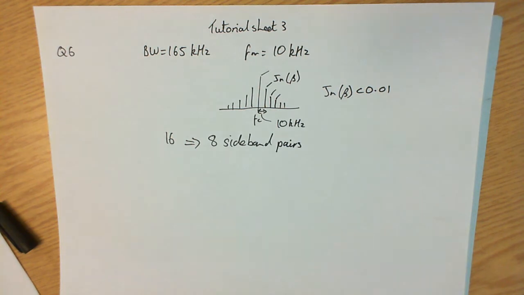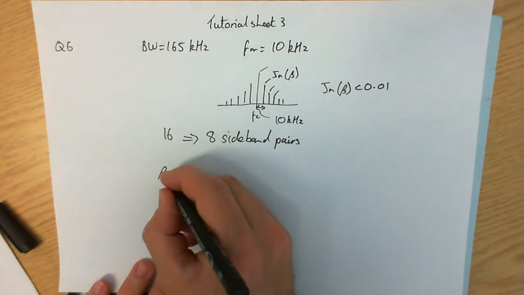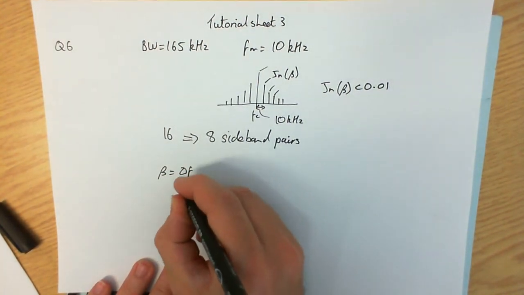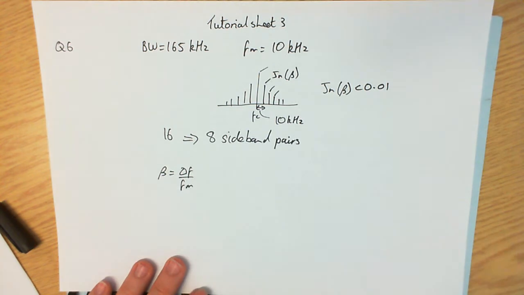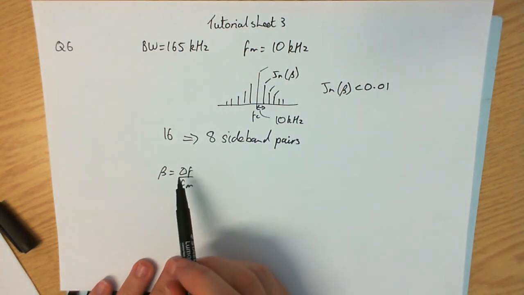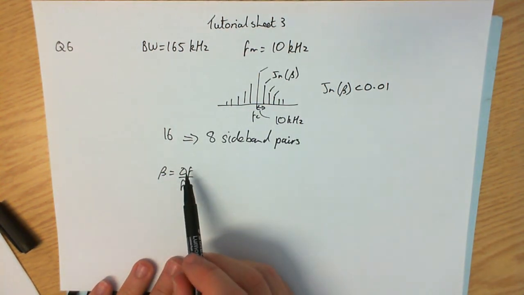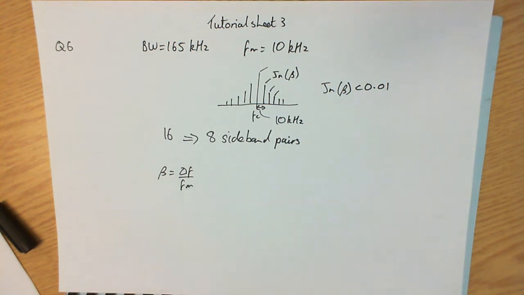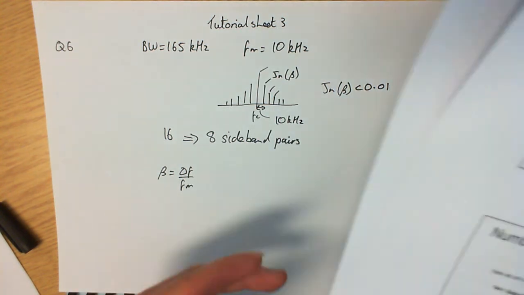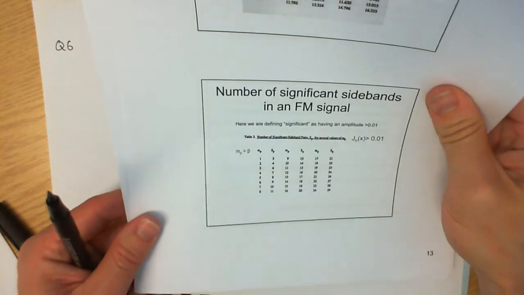Now, what we really want to work out is what is the modulation index, because we know the modulation index is equal to delta F over FM. We know what FM is, we don't know at the moment what beta is or what delta F is. However, using the tables, it's difficult to see this, but I'll pull this out of the notes.